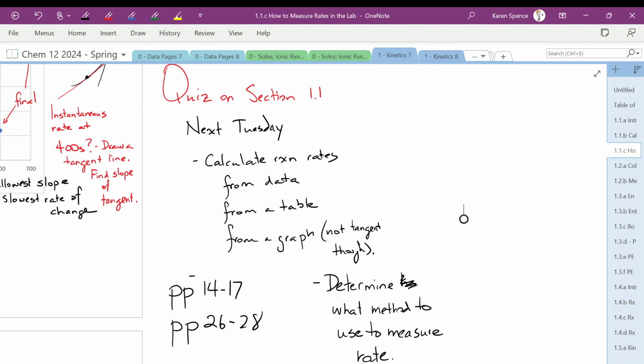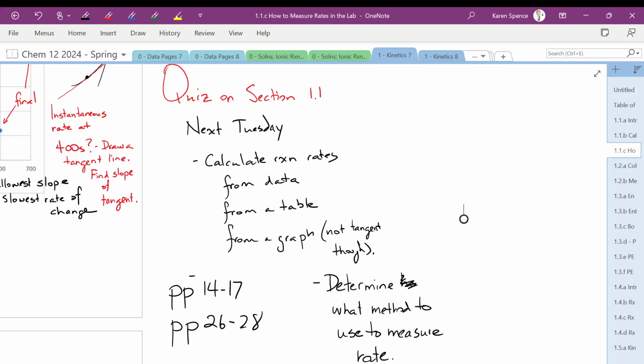Yes, Isaiah? It is not including unit 0, other than the fact that you need to understand ionic equations enough to know that you cannot use a spectator ion to measure the rate of a reaction. Does that make sense? Yeah.